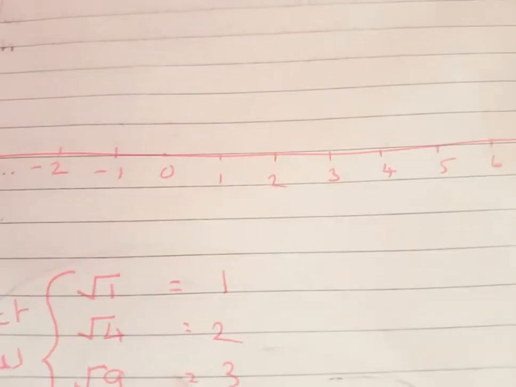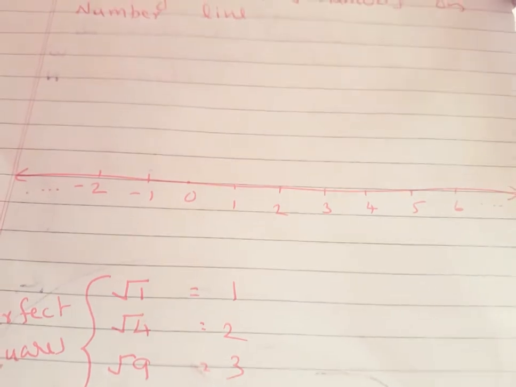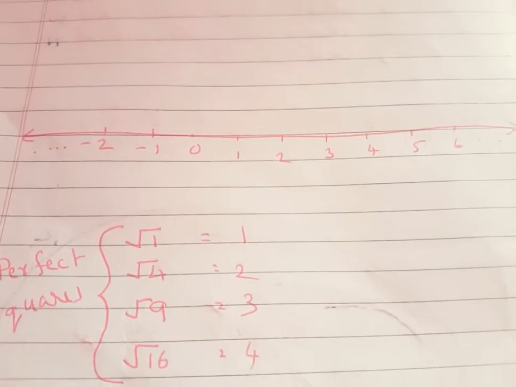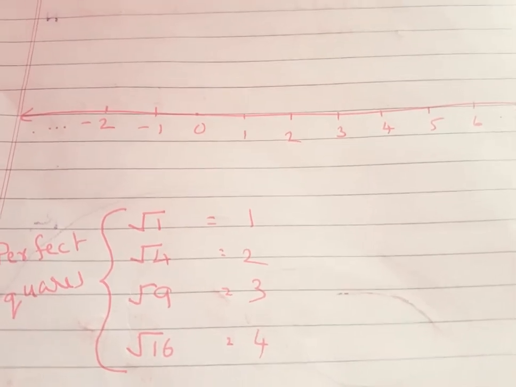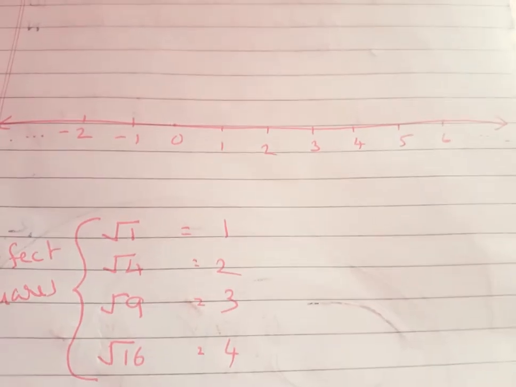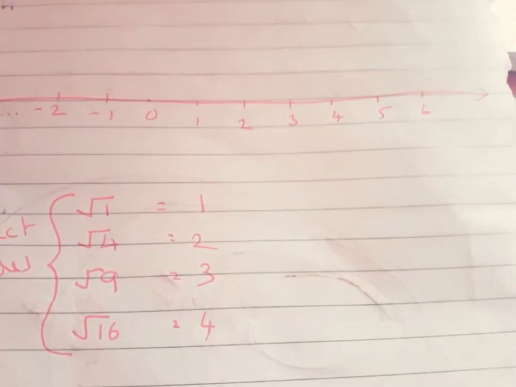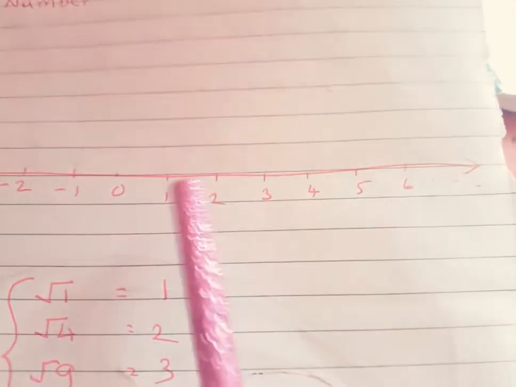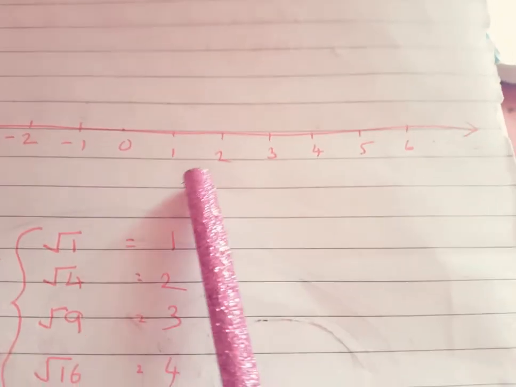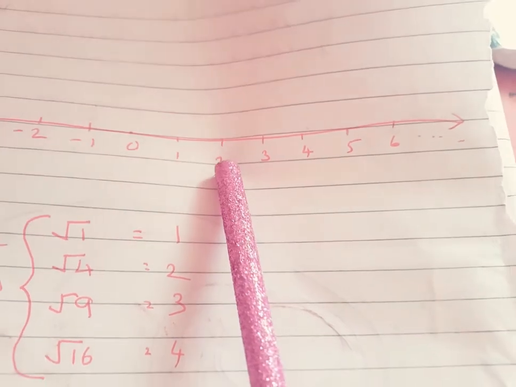Irrational numbers, yesterday we discussed, are roots of non-perfect squares. Can you plot root 1 on a number line? It is very easy. Root 1 is 1 itself. Root 4 you can plot on the number line as 2.